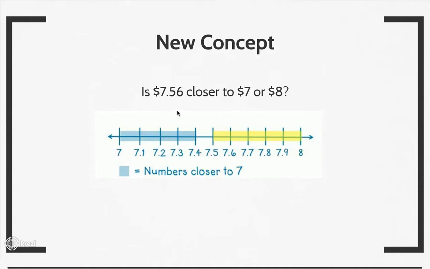If it's above 7.5 or more, it goes to the greater side. Now, if it's 7.4 and less, or anything below 7.5, which would be 7.49, it would go down and stay at 7. That's how you would round decimals to the nearest whole number.